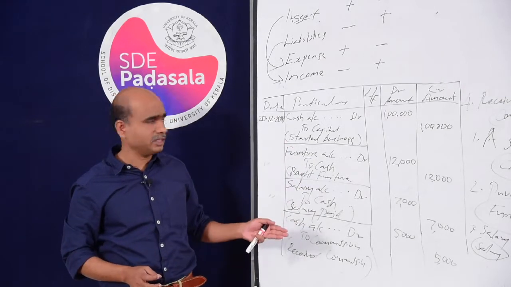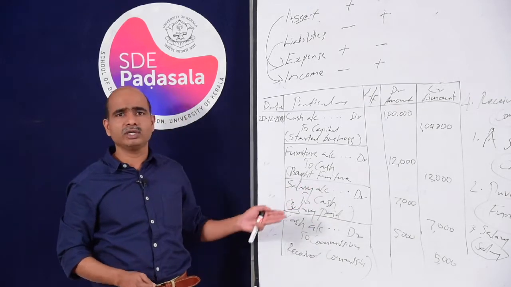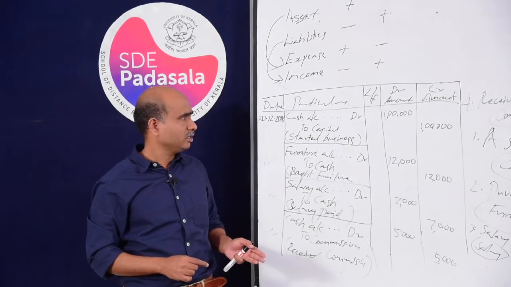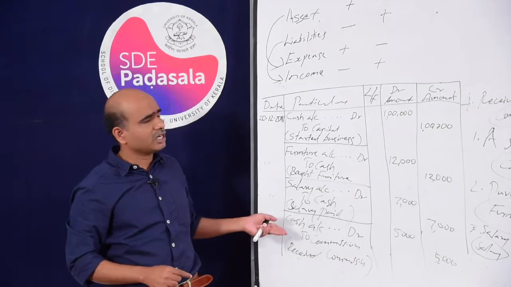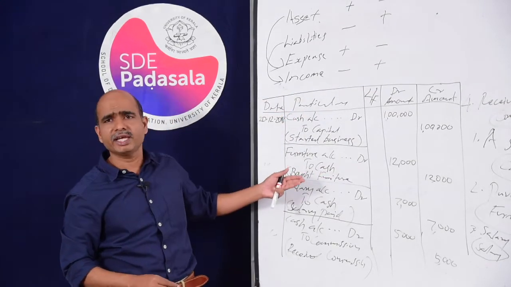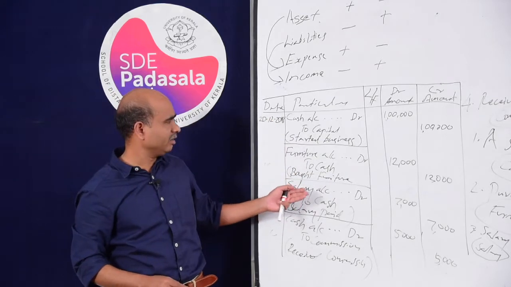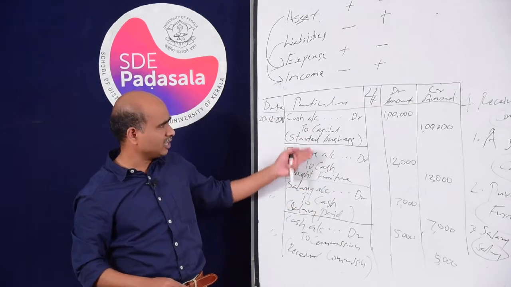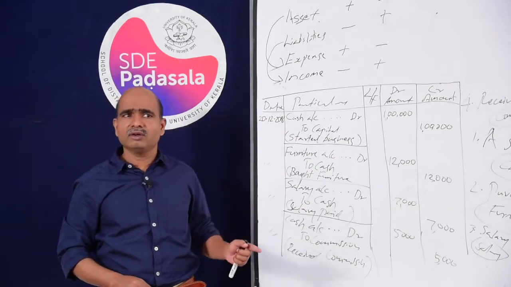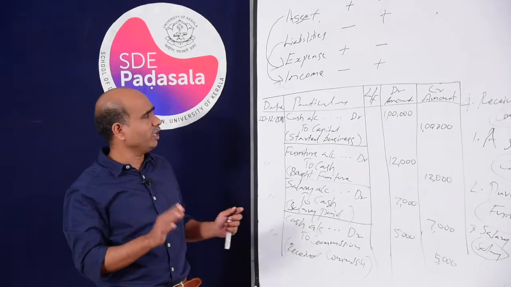The second process is transferring all the items entered in the journal book to the ledger. That process is known as posting. Posting means we are transferring all the items entered here. In the journal we enter all the items in chronological order, with no special nature to the account, but in a ledger account we enter all transactions in a specialized way.